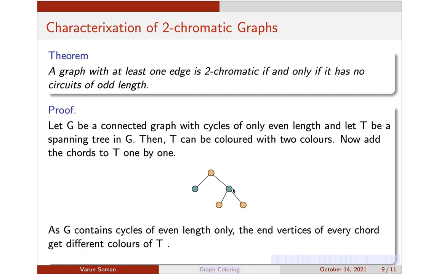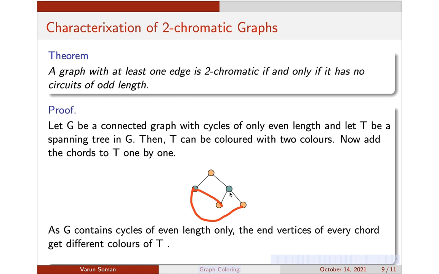So the chords will be between vertices of different colors. For example, the chord would be like this. If it is like this, there is no problem in the cycle, because you can see that the cycle is of even length. Or it may be like this. It can be like this also. Again 1 2 3 4, the cycle is not disturbed.